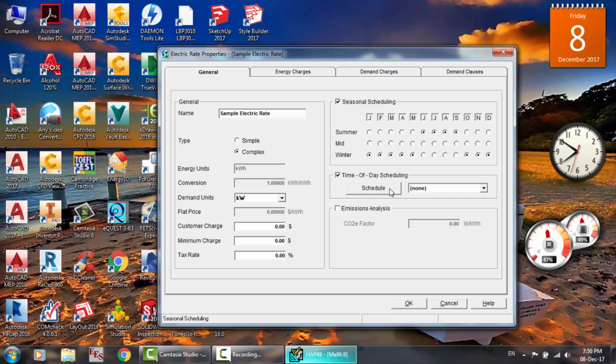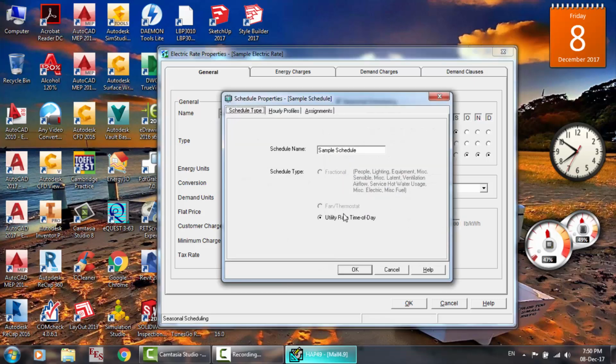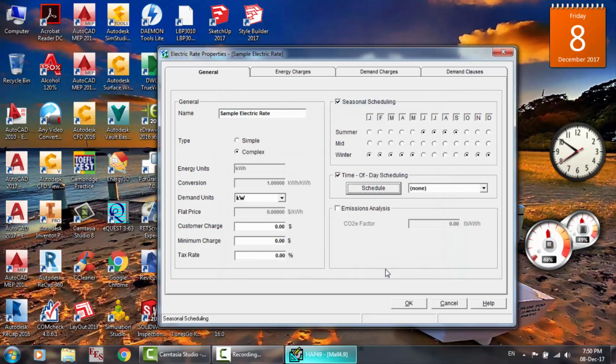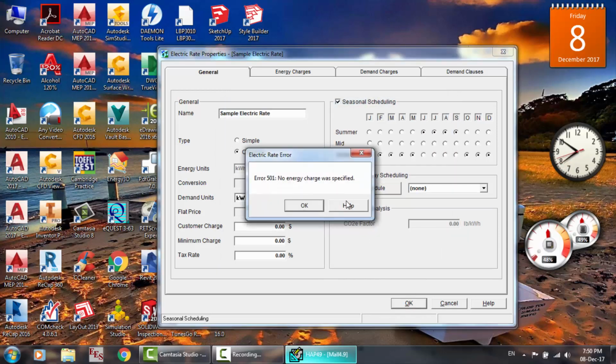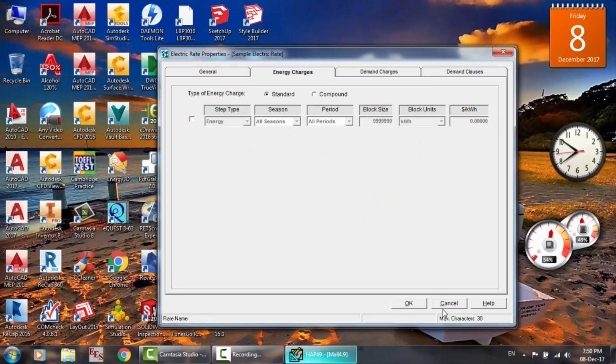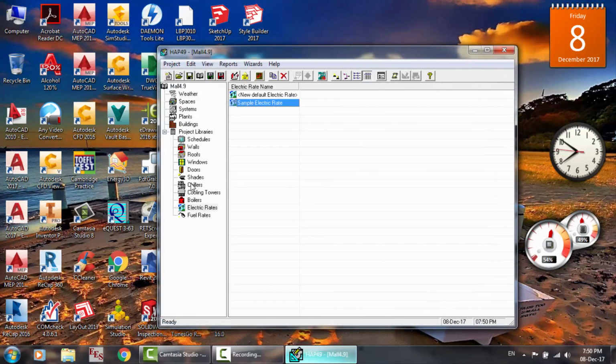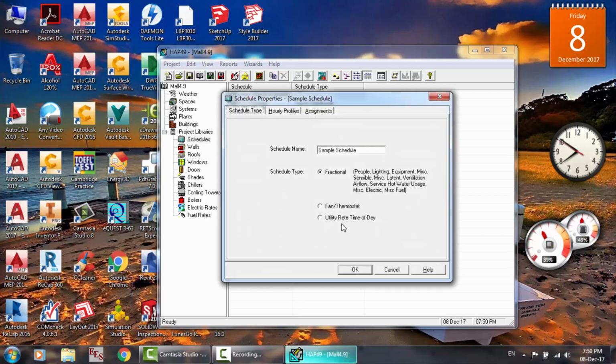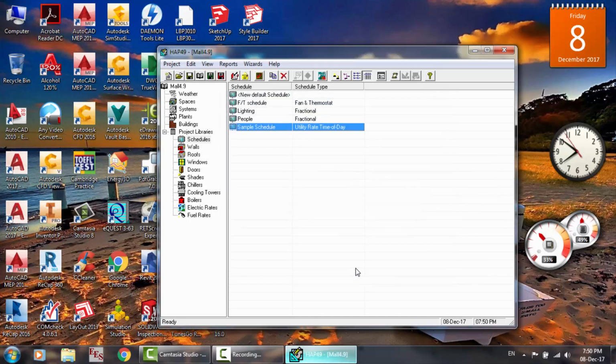So you have to make a schedule here, the utility rate time of day. You can make this from here, or you can click cancel, go to schedules, make a new default schedule, and utility time of day.